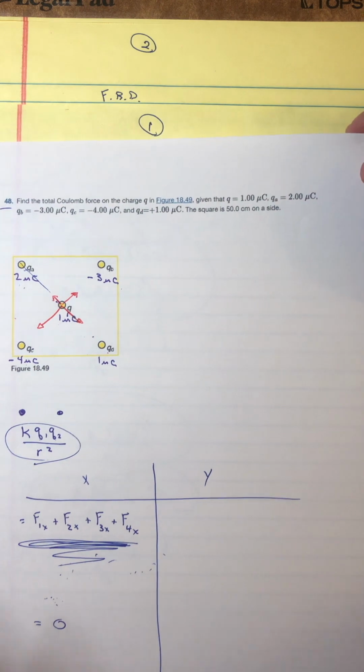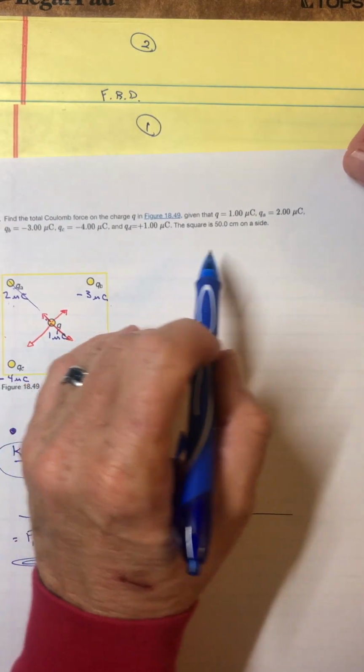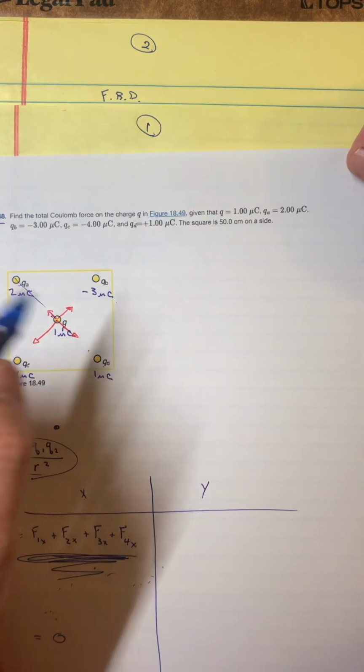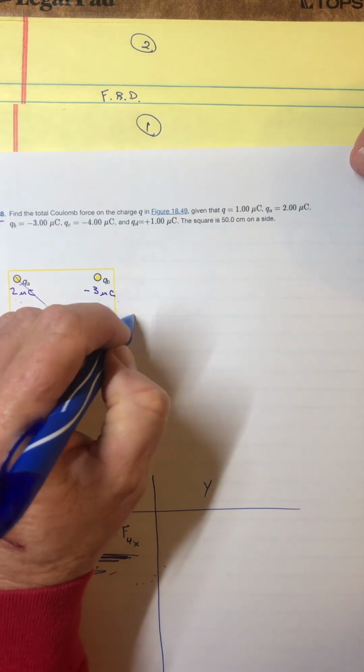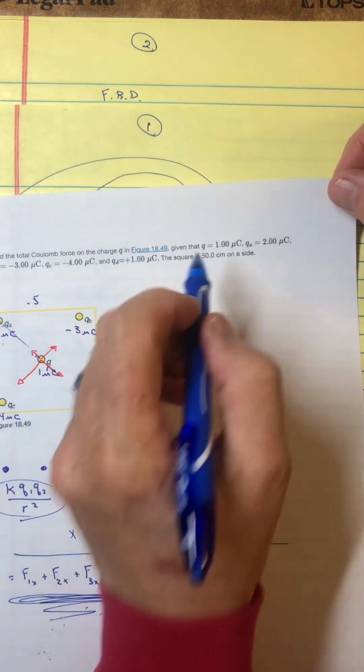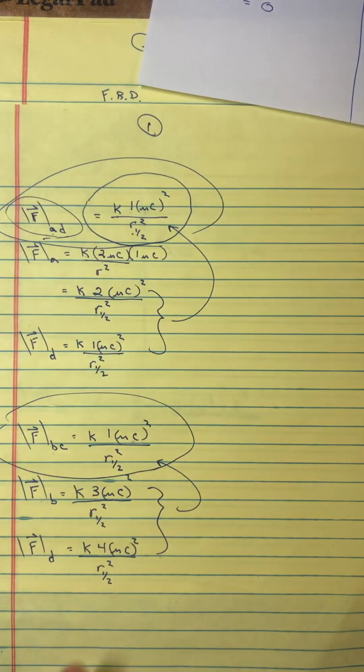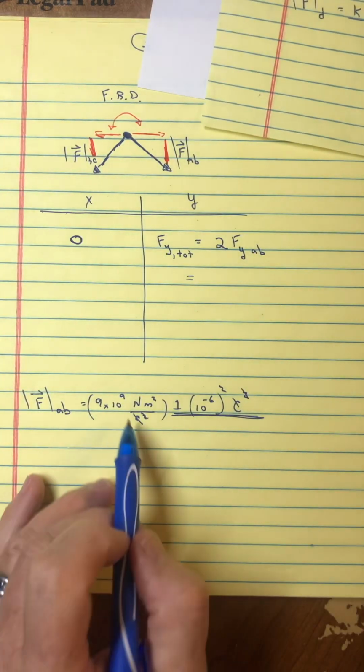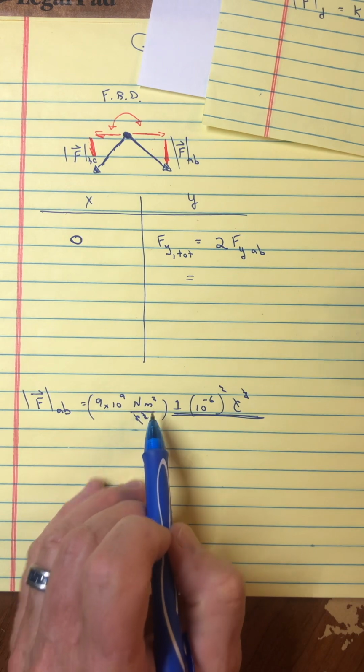And then on the bottom here, this is the diameter cut in half. Now, you might remember a little bit about your 45 right triangles, because they're saying this square is a half a meter. So first thing, notice I'm going to change the 50 centimeters into a meter, and that's because I have Coulomb's constant in meters.